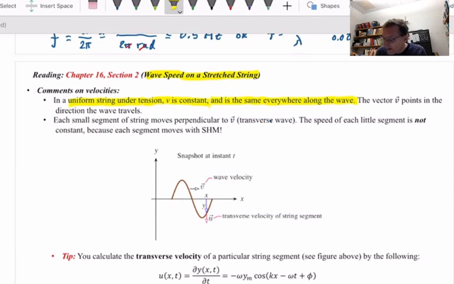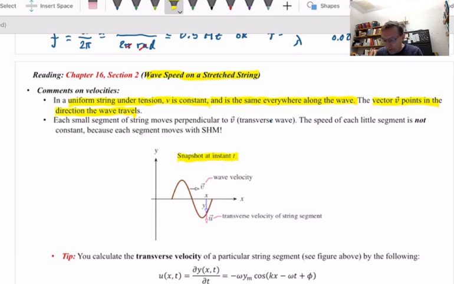The full-blown vector v arrow points in the direction the wave travels. If we look down below at my little drawing, it's a simple representation of a sinusoidal traveling wave taken at a snapshot t, and I just showed one wavelength of the wave. It repeats on either side. This is a picture of the actual string at time t.